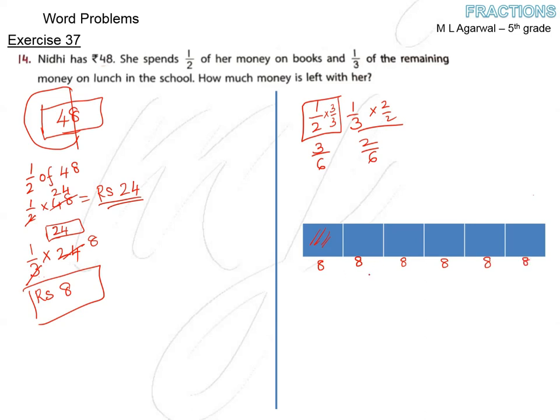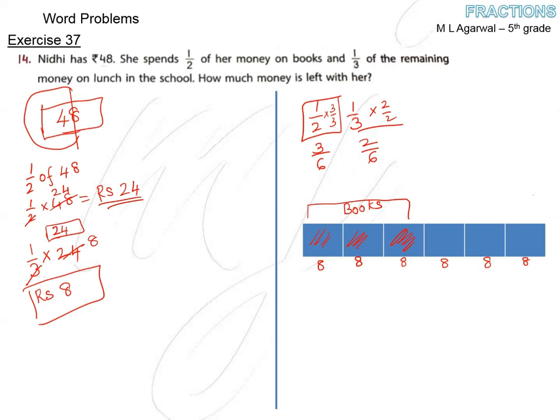Half of it means 1, 2, 3 parts are gone for money on books. Of the remaining, I am going to spend only 1/3 part, which has been made into the equivalent fraction of 2 upon 6.